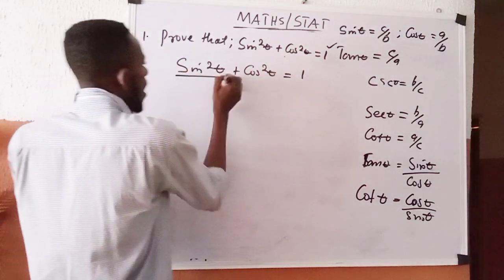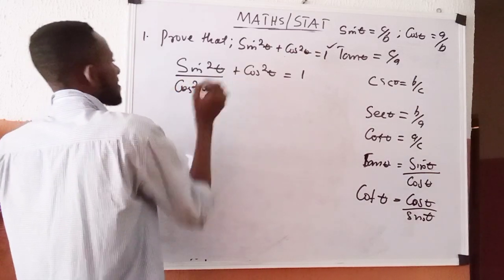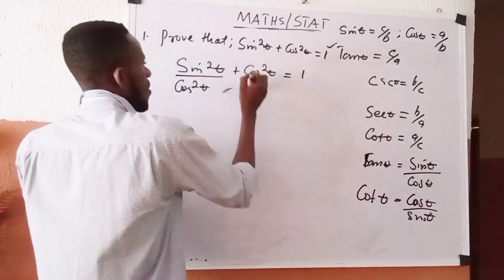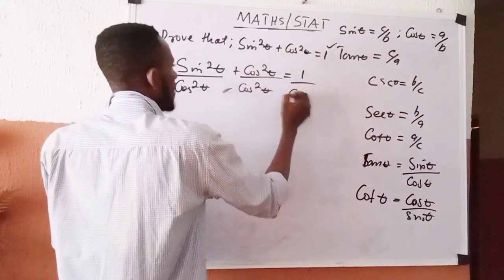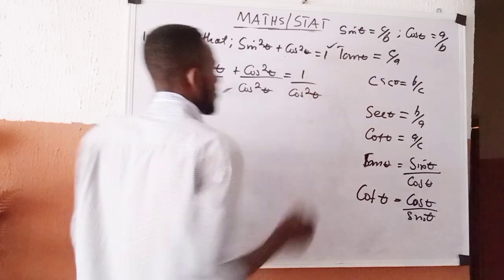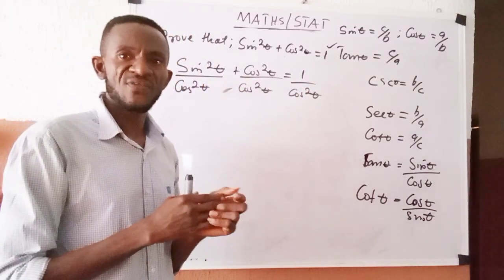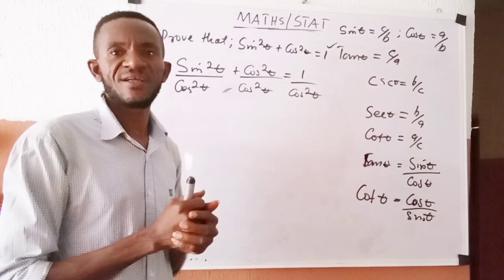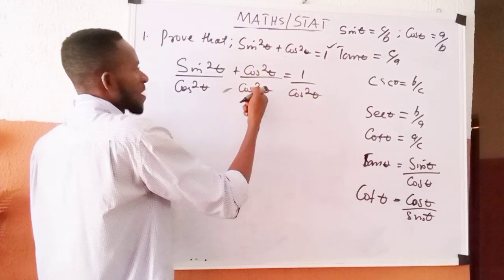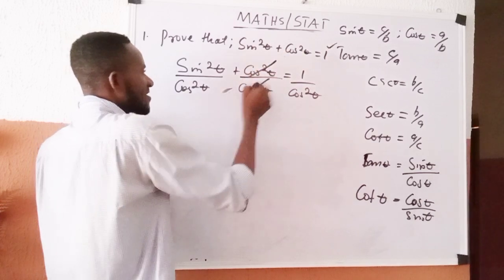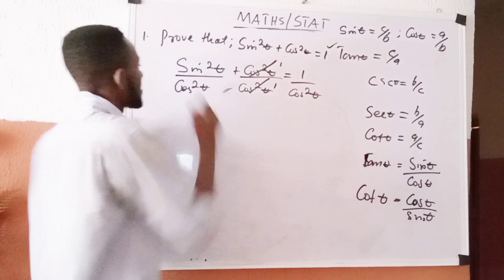So I am going to say all over cos squared theta, all over cos squared theta, all over cos squared theta. What did I do? I divided all through with cos squared theta. So cos squared theta will cancel cos squared theta, and I have this and this. So this is 1 and this is 1, and 1 divided by 1 is 1.